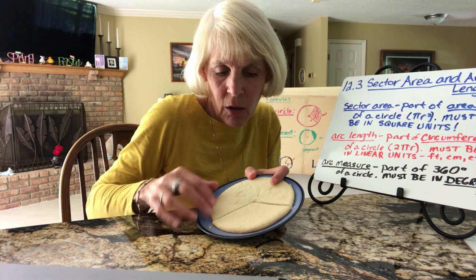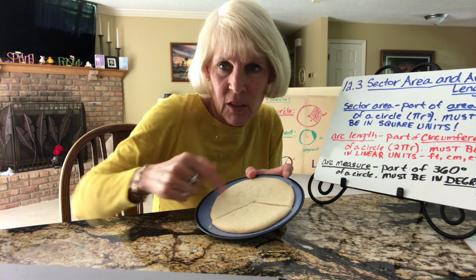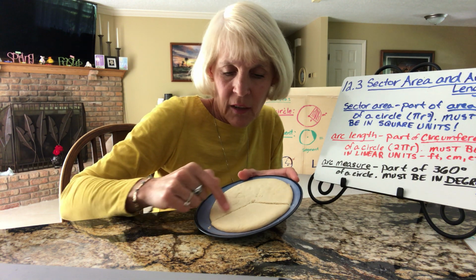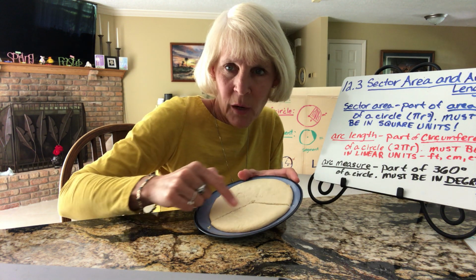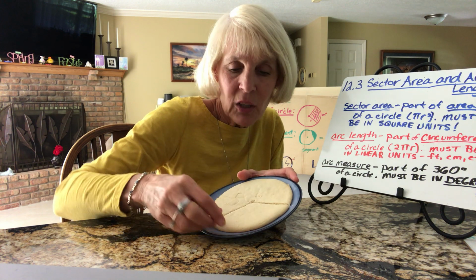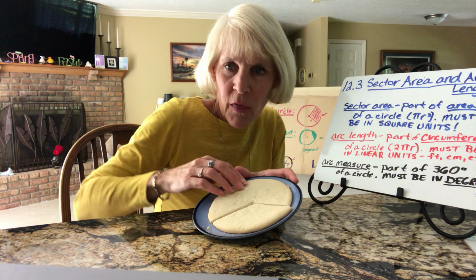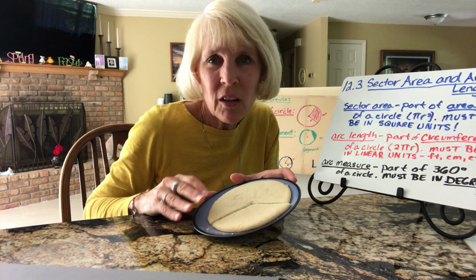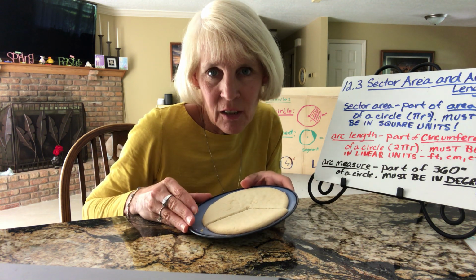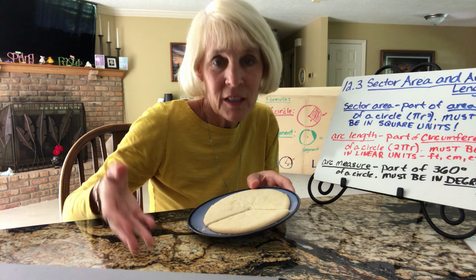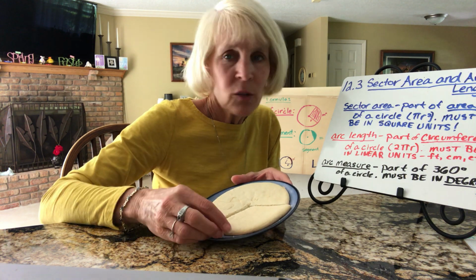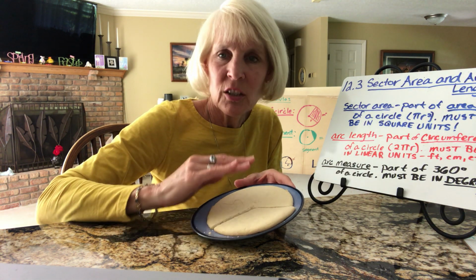Would this be called, if this is the center of this circle cookie? Okay, the one that came out with 2 radii, that's a central angle. This piece of cookie is called a sector of the cookie, or a sector of the circle. So you can really think of a sector as just a piece of pie.